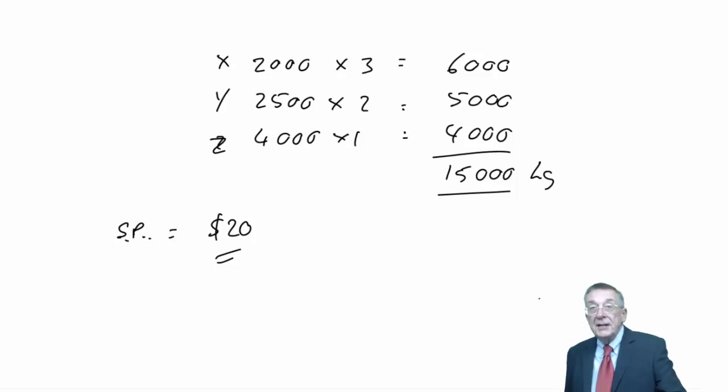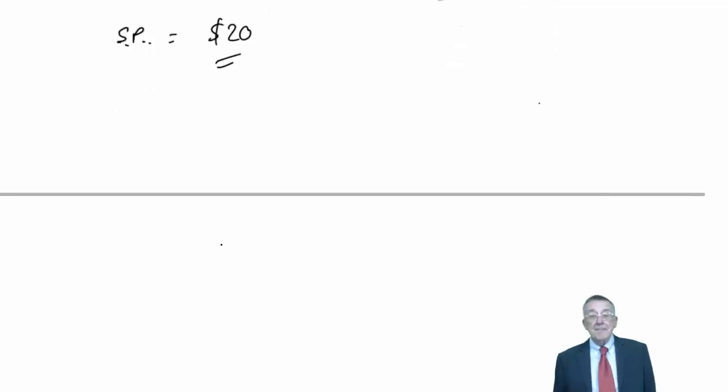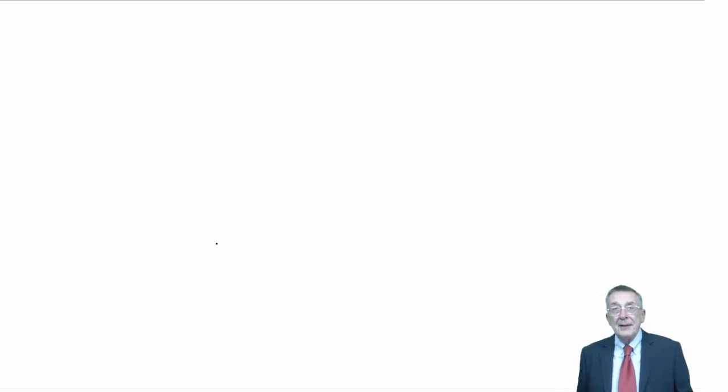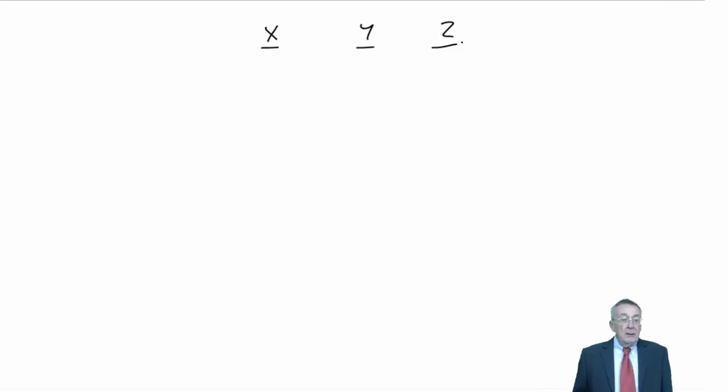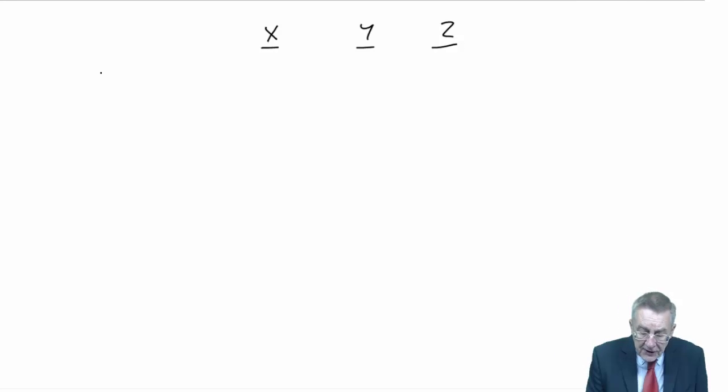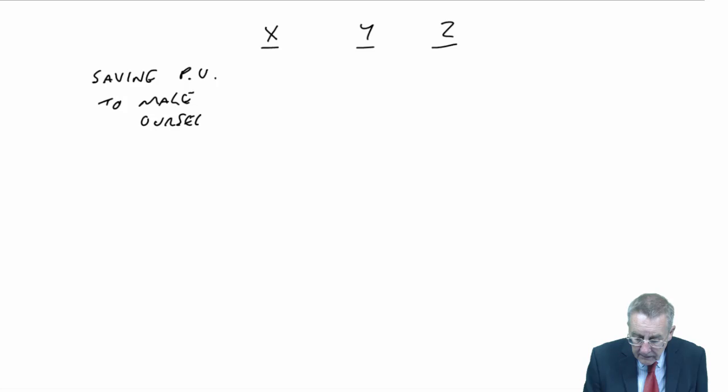And the way we approach it is something you might recognise from a much earlier chapter, when we had limiting factors. With 3 products, clearly, we're always better off making ourselves. It's cheaper. But let's see how much saving per unit we make if we do make ourselves.